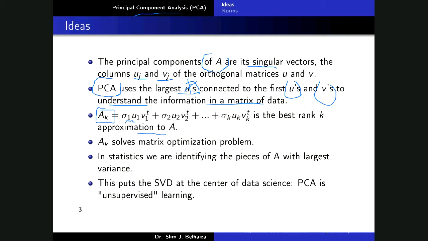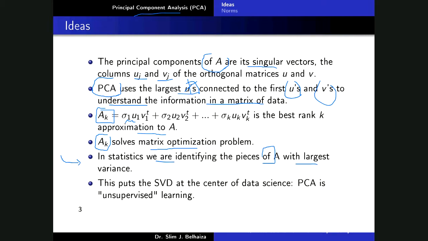In fact, A_k solves a matrix optimization problem. What do you mean by matrix optimization problem? A matrix that minimizes the distance, or that estimates the best new matrix. Okay. In statistics, in fact, we are identifying the pieces of A with the largest values.